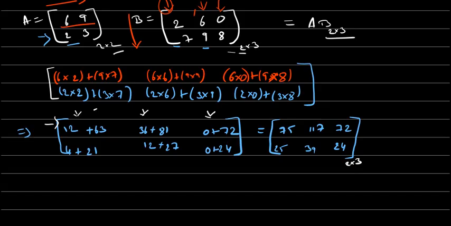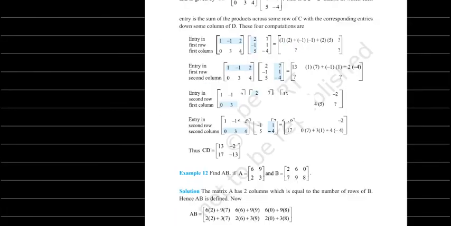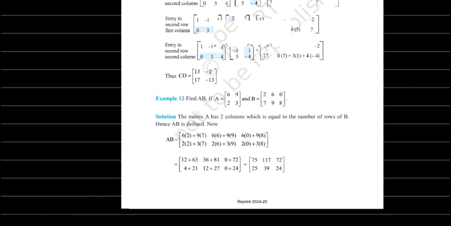Let us see what is given in the book. The same answer we got. Since it is white color, it doesn't appear on this screen. Okay, yes guys.